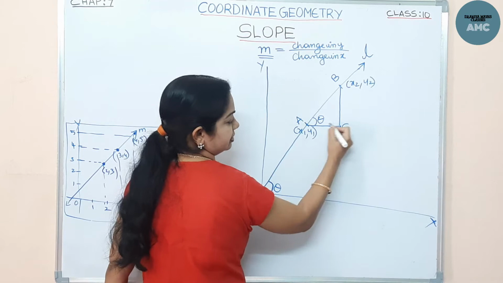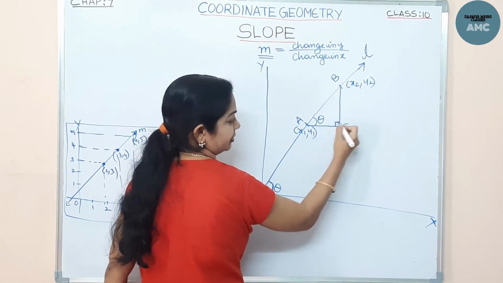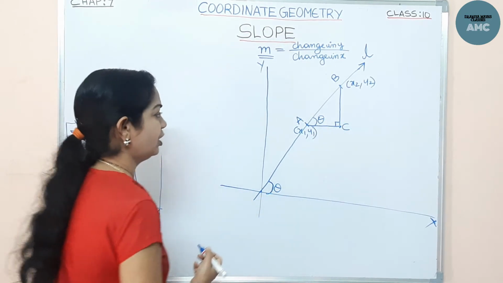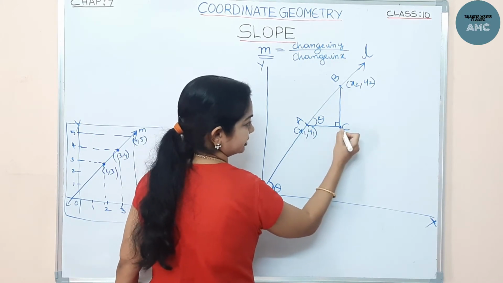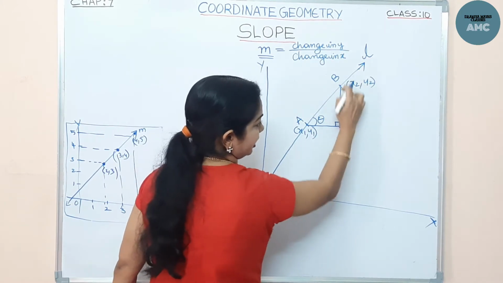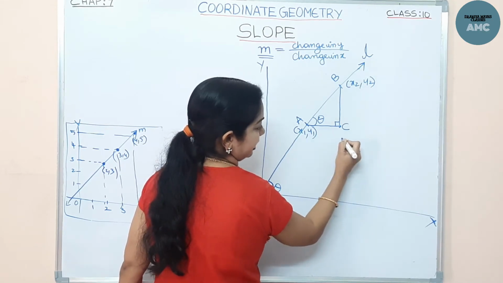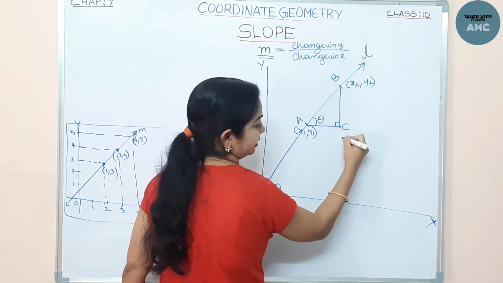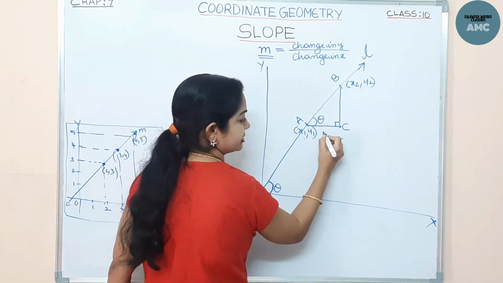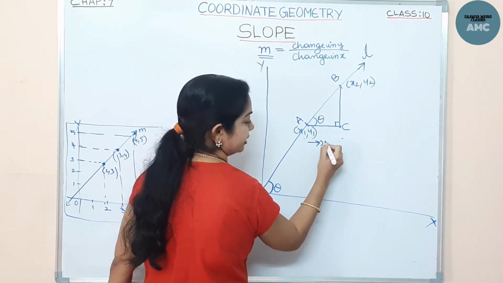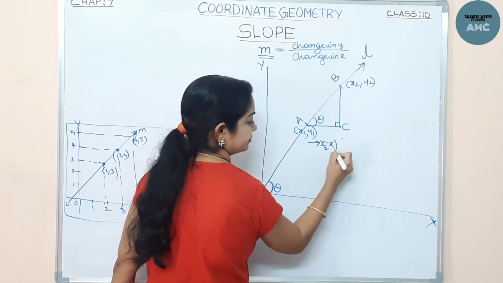Now if you see, this is a right angle triangle, right? And how do I get AC? From here to here, till here we get x2, point B is x2, and here is x1. So AC is nothing but x2 minus x1.